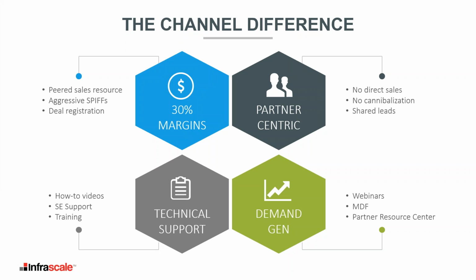These are the distinct benefits of our channel program. So 30% margins. I mentioned this in the very beginning. We offer rich margins on our cloud-connected appliances, as well as recurring revenue through cloud failover services. We're protecting your leads with deal registrations. We offer a dedicated sales rep to help you close more business and close it faster.